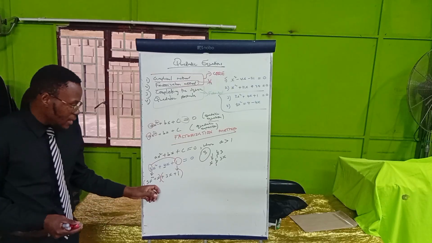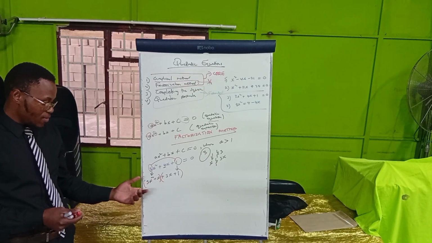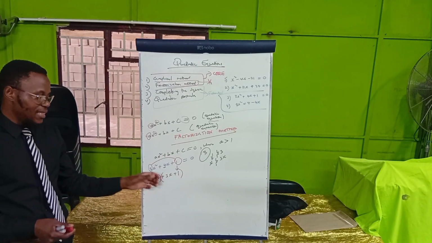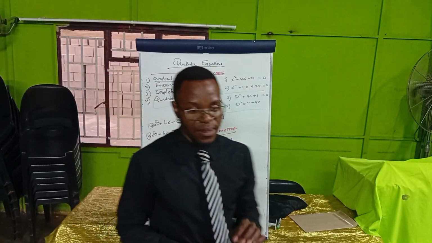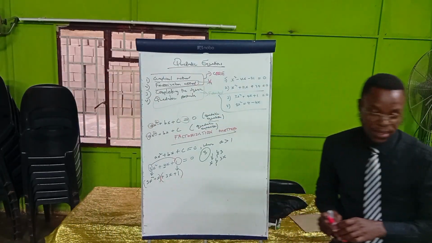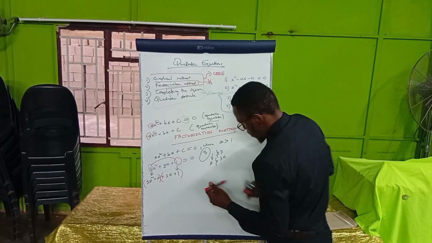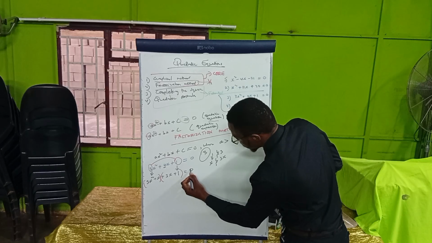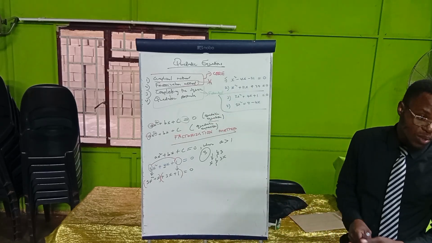So you now treat these as a single bracket, because in fact it has become a double bracket, but you treat it as a single bracket so that you can factorize the first bracket separately and also factorize the second bracket as well. So we still have equal to 0 now.